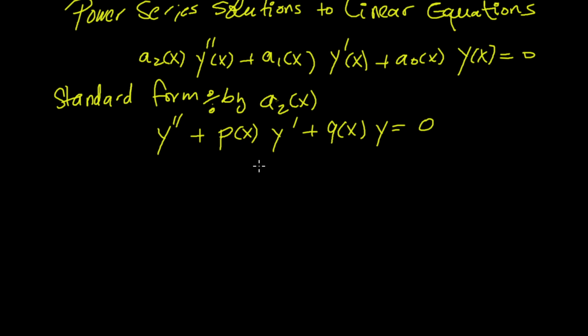So we know p of x is a sub 1 divided by a sub 2, and q of x is a naught divided by a sub 2.